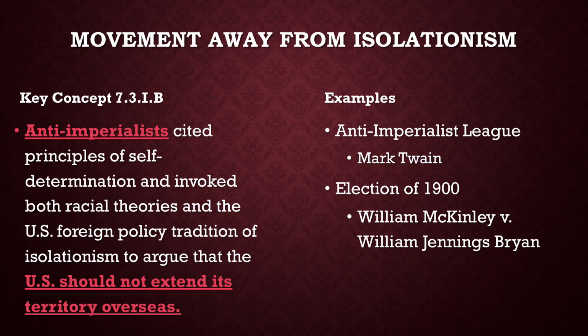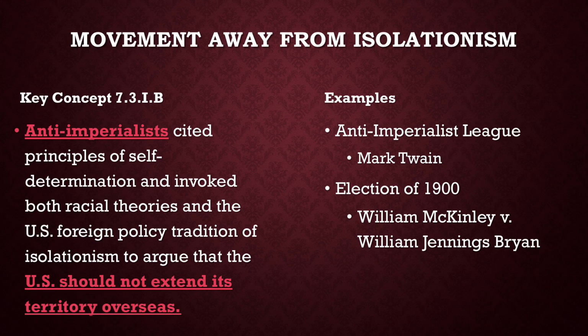Other people in the world should have their own self-determination. America should not impose its will on others. They also attacked it as a racial thing. They're the ones who pointed out, you're trying to do white man's burden. And they're the ones who feared that America was moving away from the traditions of Washington and isolationism. An Anti-Imperialist League gets started. Mark Twain is a famous member of it.